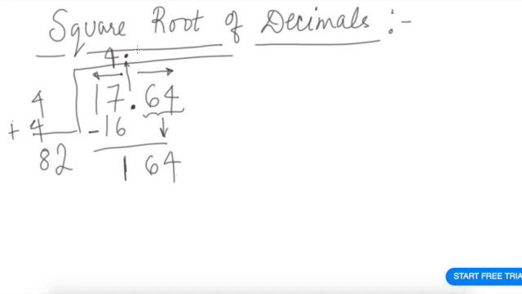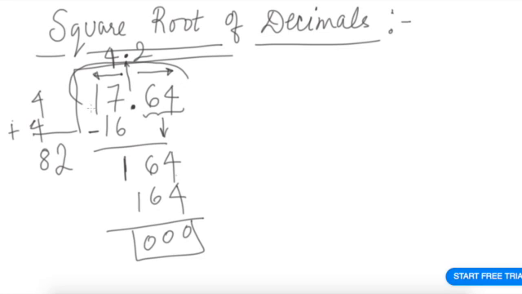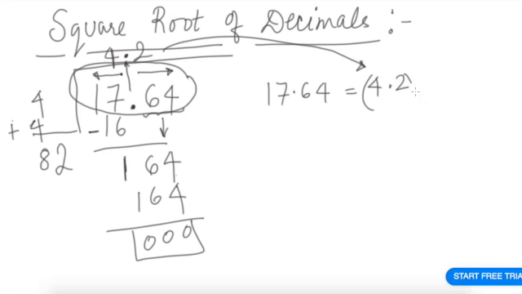If you multiply 82 by 2, that becomes 164, and as we know, if the remainder is 0, that means 17.64 is a perfect square. So 17.64 equals 4.2 squared, and the square root of 17.64 is 4.2.